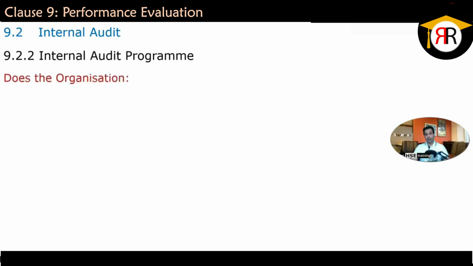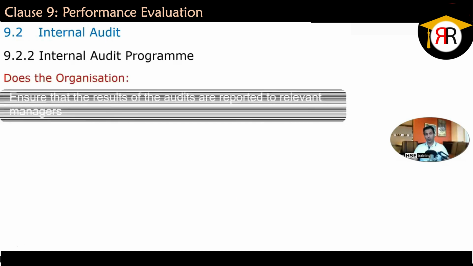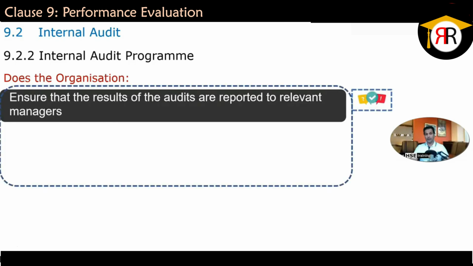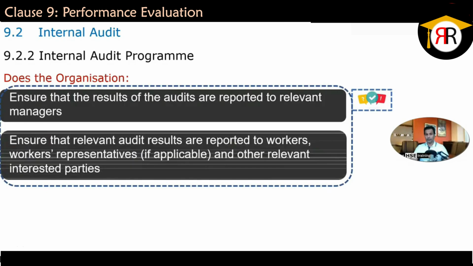Continuing with the internal audit program, does the organisation ensure that the results of the audits are reported to relevant managers, and ensure that the internal audit results are reported to workers or workers' representatives if they're applicable, and other relevant interested parties, also known as stakeholders?